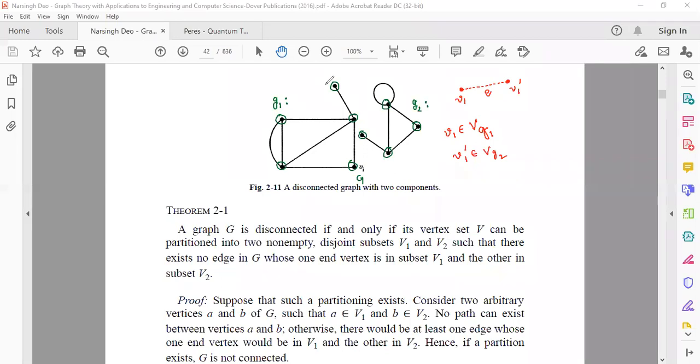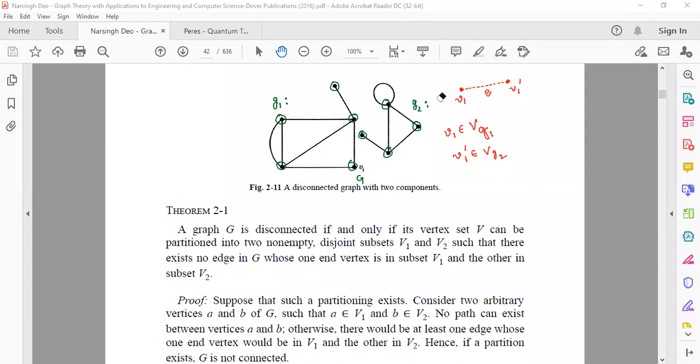Okay, and also the theorem is not only unidirectional, this theorem is actually bidirectional. So if the graph is disconnected, this particular property is going to be satisfied, and if the graph is actually satisfying the given property, then the graph will be known as a disconnected graph.